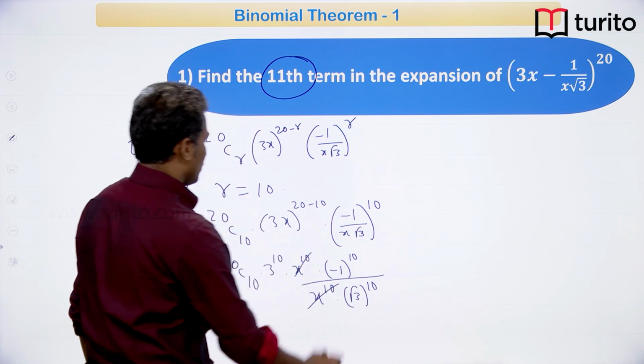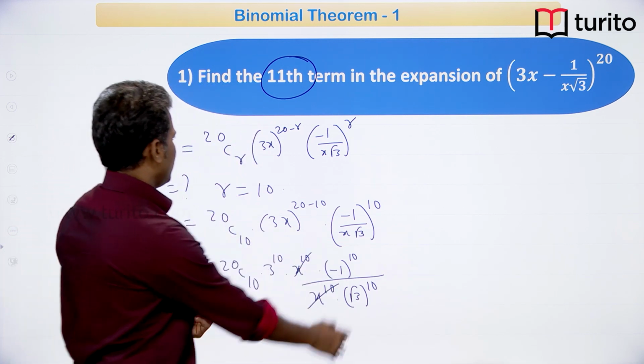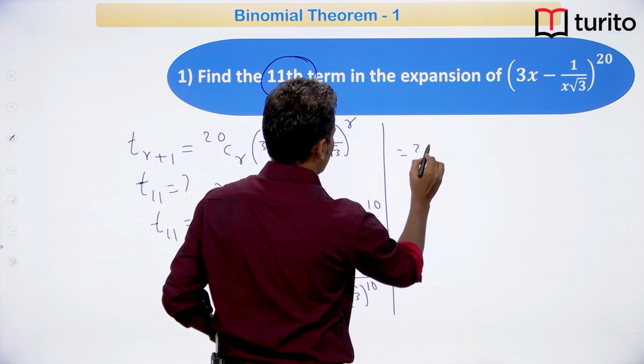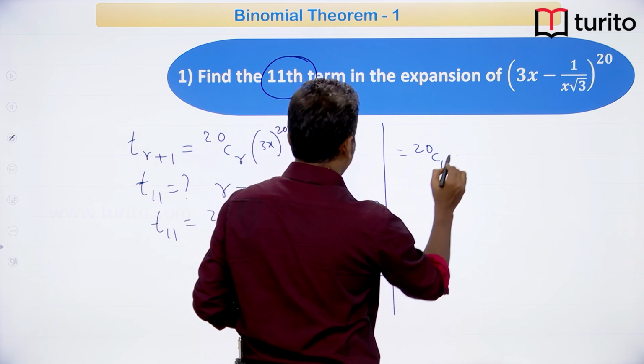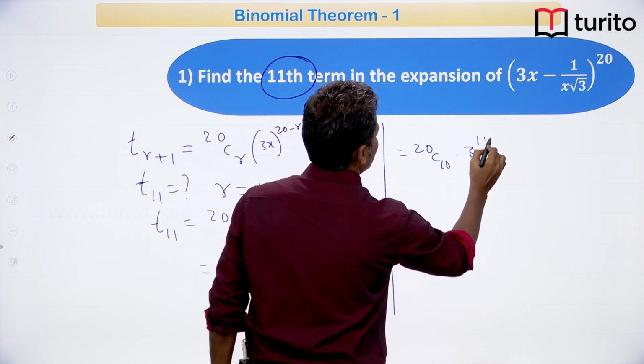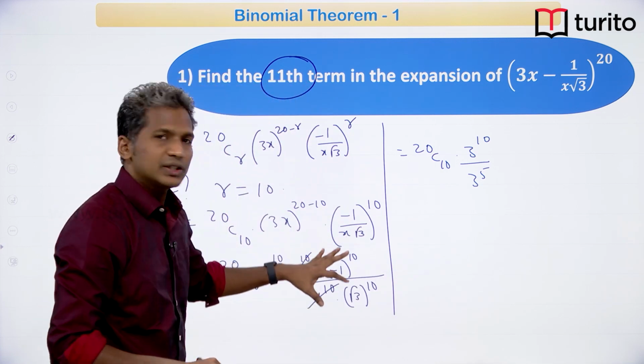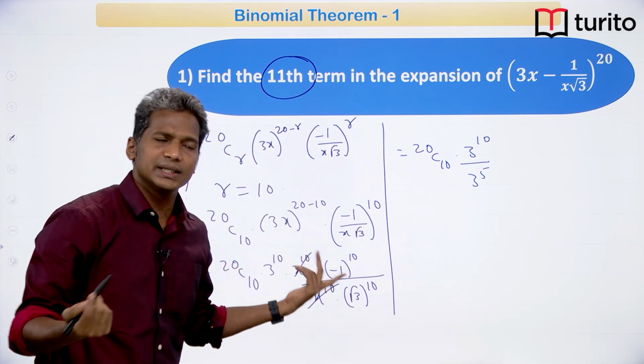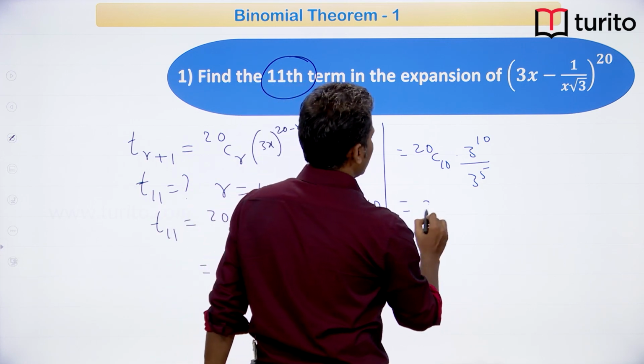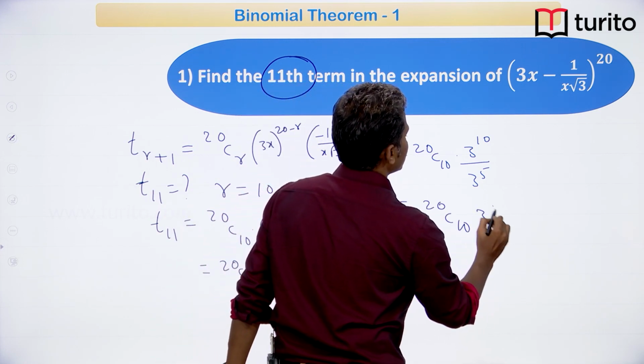The x raised to 10 got cancelled, and further we can write it as 20C10 into 3 raised to 10 by 3 raised to 5, as minus 1 raised to 10 is plus 1 and root 3 raised to 10 is 3 raised to 5. So further we can write it as 20C10 into 3 raised to 5.